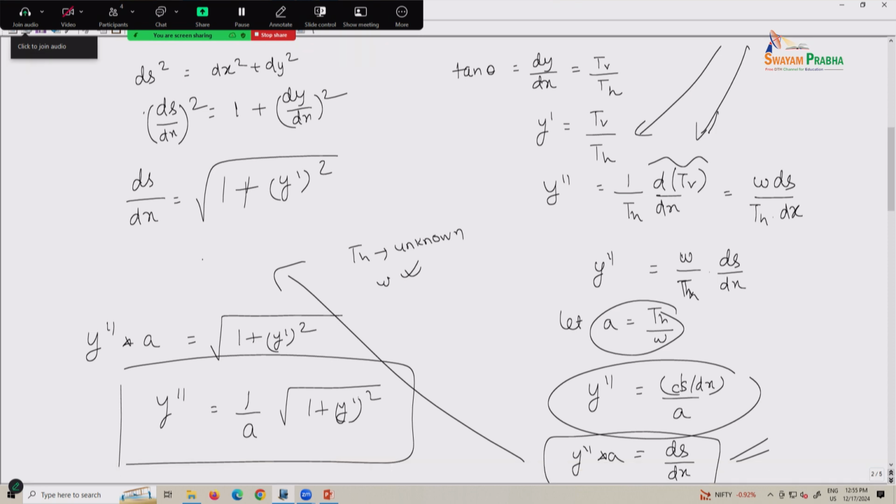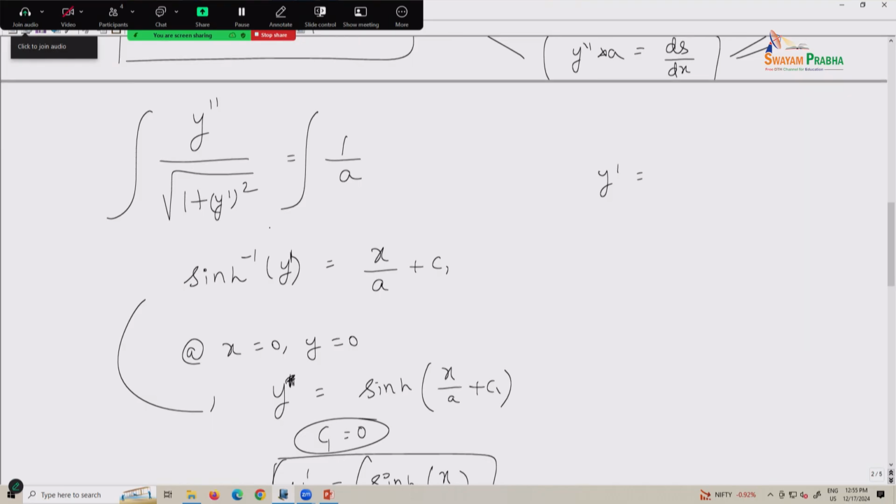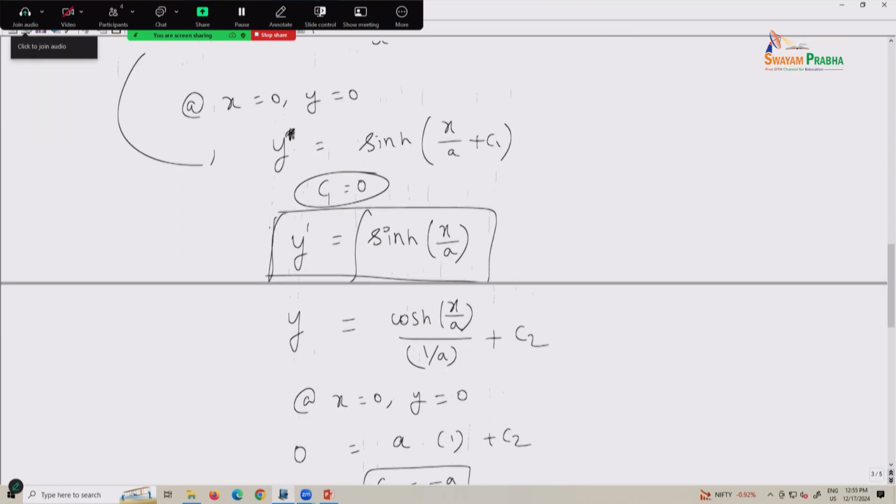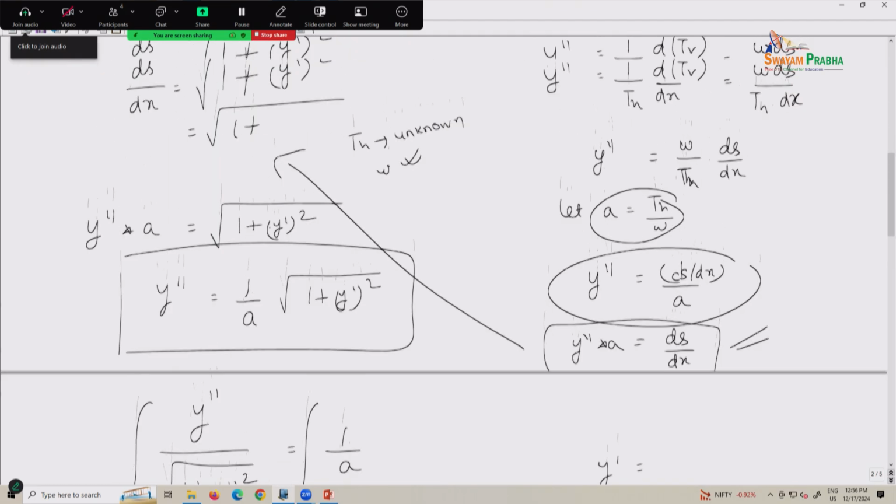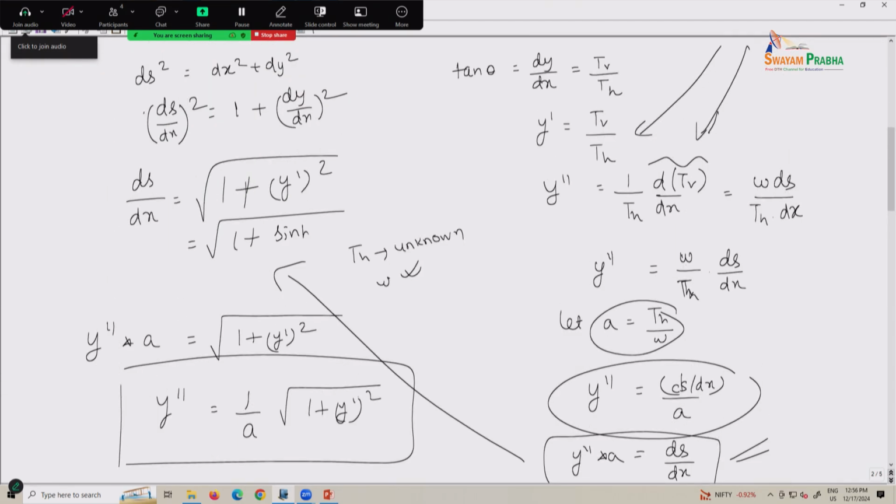I can plug in this y dash value also here, is that correct? So root of 1 plus y dash squared, what is the expression you got? Sin hyperbolic x by a, right? So I can write root of 1 plus sin hyperbolic x by a, whole square, equal to ds by dx. If I integrate this one, I will get the expression for s, is that correct?